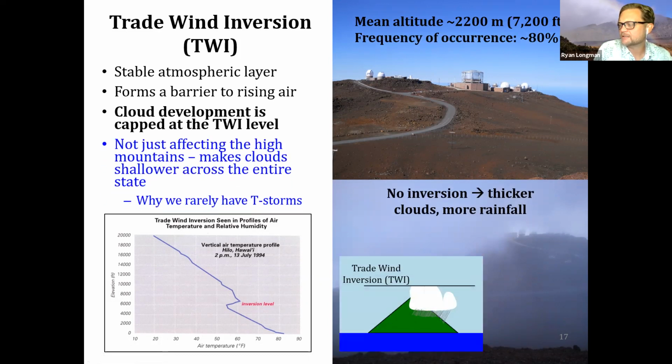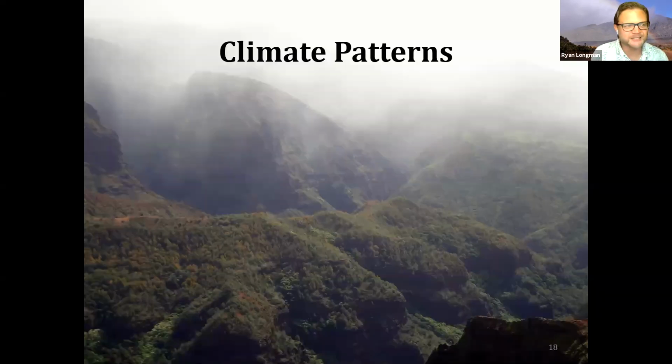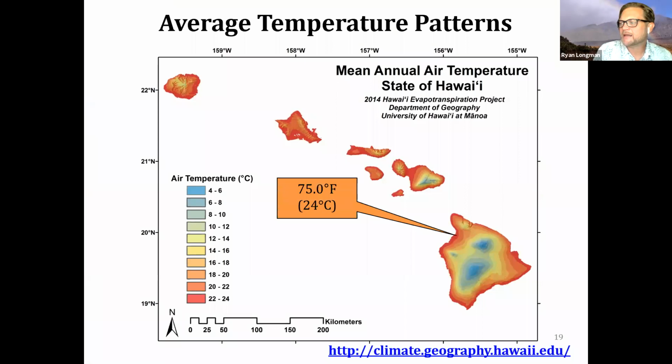Okay, so that explains vertical and horizontal differences. Hopefully that was a quick and easy geography 101 lesson for everybody. But what we get as a result of those is these really unique climate patterns that, again, change considerably over very short distances. So for temperature, we can go from 75 degrees Fahrenheit to 40 degrees Fahrenheit just from going up the mountains.